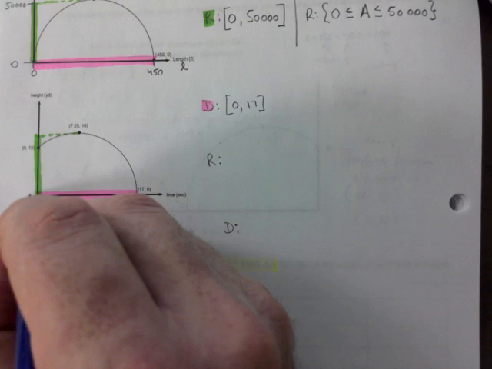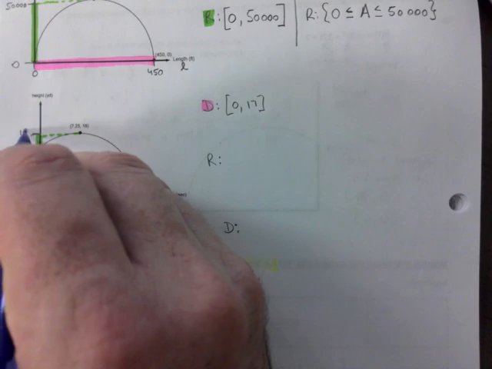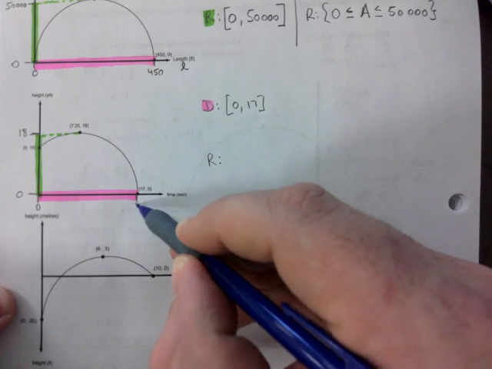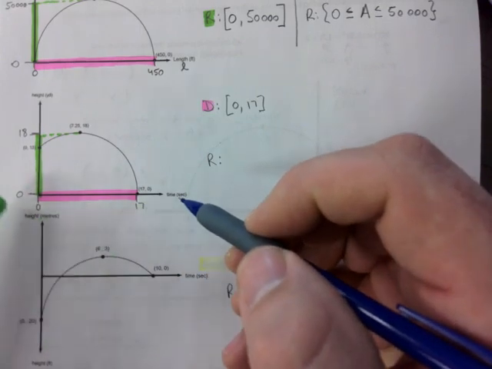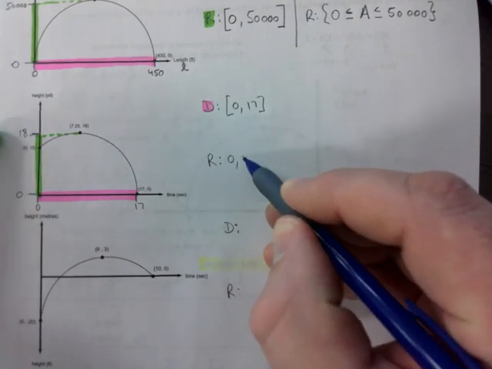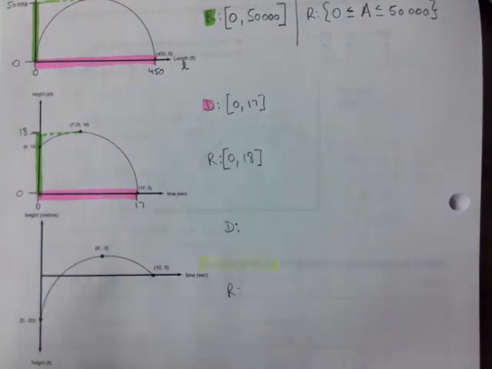So the 15 is kind of not necessary, right? It's not going to make a difference for your domain and range. You've got 0 to 17. So even if you write out these numbers, it will help you, right? So 0 to 18 is my range for this graph.